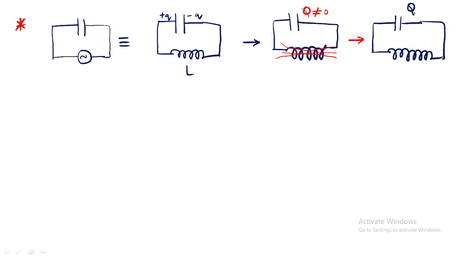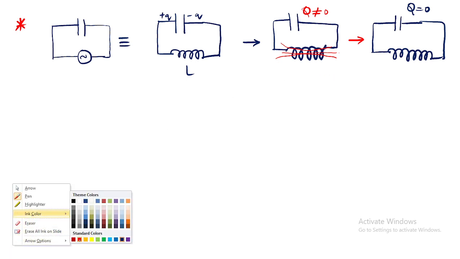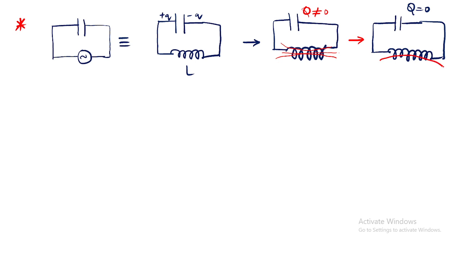The charge on the capacitor is completely zero. In this situation it becomes a stronger magnet. Are you getting my point? After some time, this magnetic energy again converts into electrical energy.